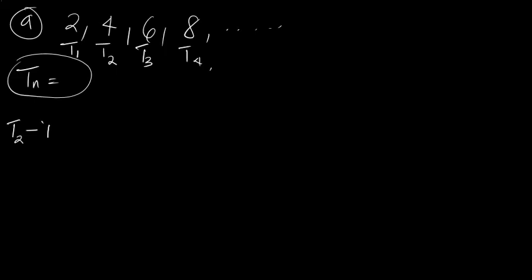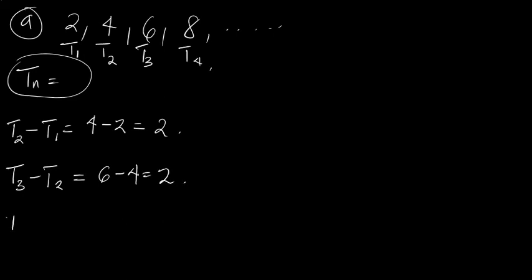The second term minus the first term is 4 minus 2, which is equal to 2. The third term minus the second term is 6 minus 4, which is 2. The fourth term minus the third term is 8 minus 6, which is 2. So it has a common difference, which is 2.